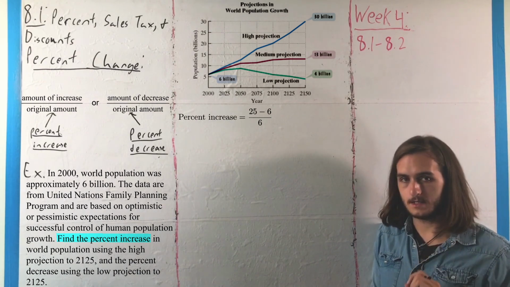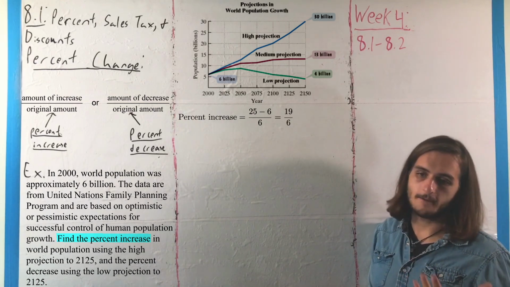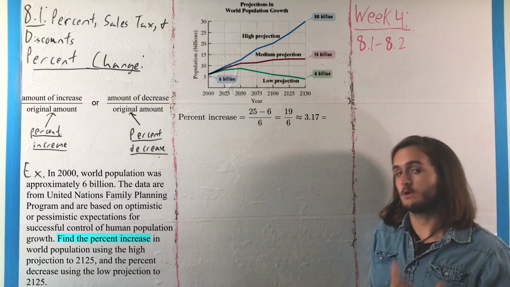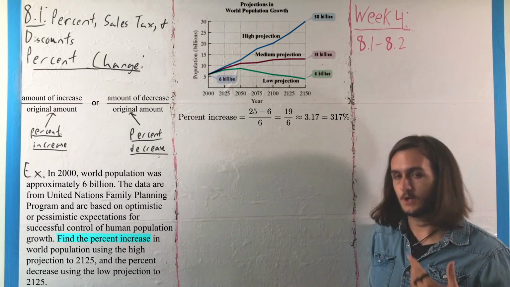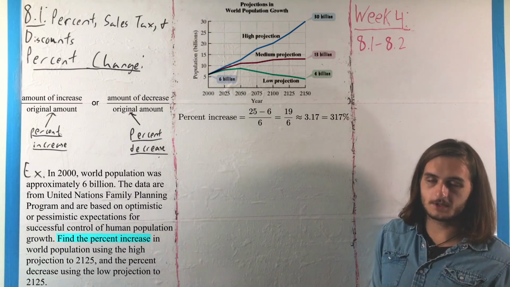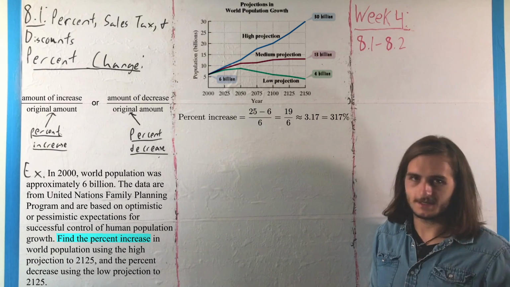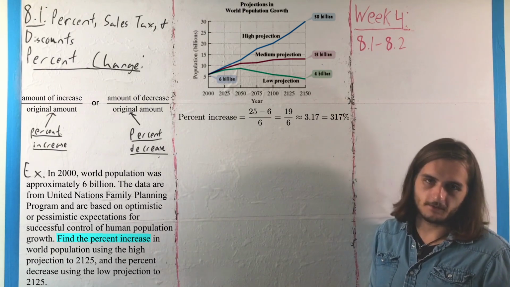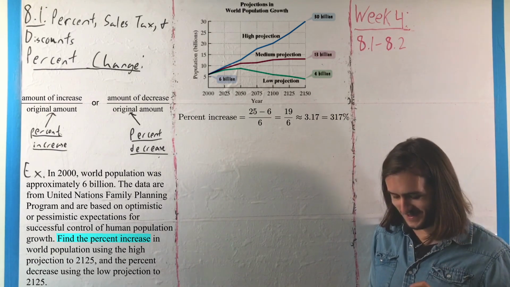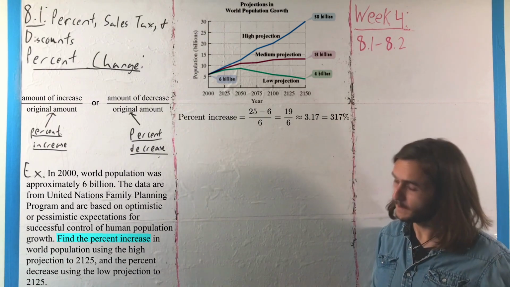So we'd have 25 minus 6 over 6, which is 19 over 6, which is about 3.17 or 317%. So we would expect that over the next 100 years, as compared to the year 2000, based on that optimistic projection, optimistic in some sense, maybe not so much, depending on how you feel about carrying capacities, but we'd expect an increase of 317% using that projection.